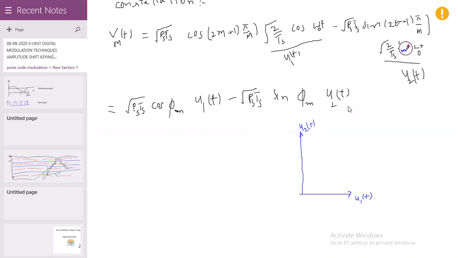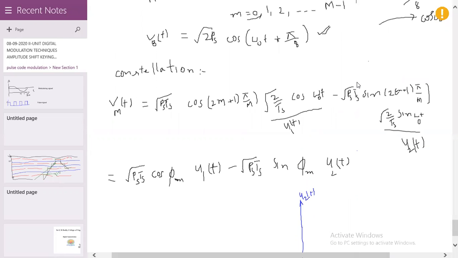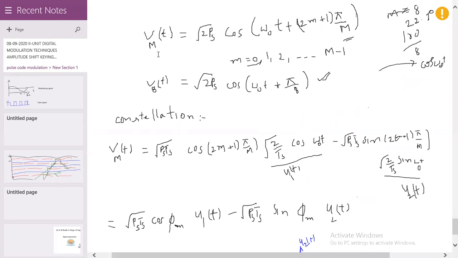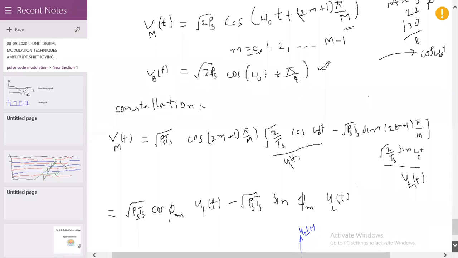What are the equation and phasor diagram here for this one? And here we can refer to this main equation. Here we can substitute m is equal to 0. That equation is root of Ps cos of omega naught t plus phi by m angle for m is equal to 0.